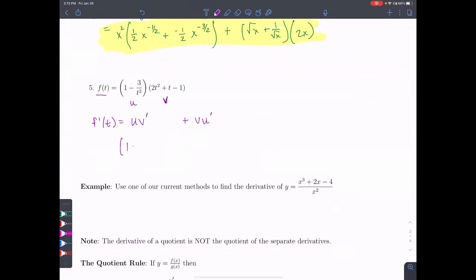So u is 1 minus 3 over t squared. V prime would be exponent down front, so that becomes a 4t to the first, the 2, so take 1 away, that would give you 1, and then plus t to the first, so exponent down front, decrease it by 1, so this would just be plus 1, and then plus 0.